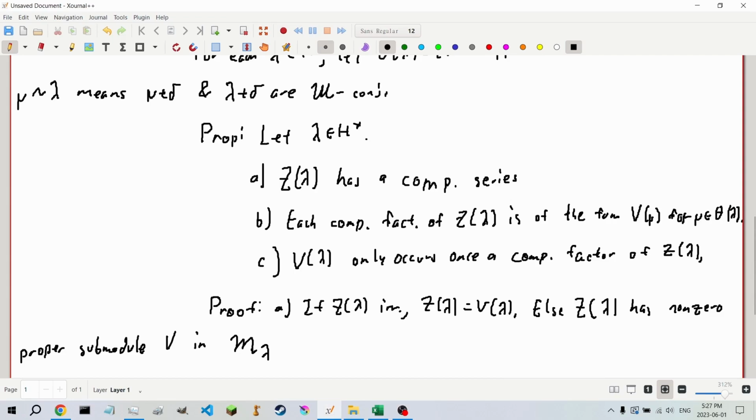Since the dimension of Z lambda at lambda is 1, lambda does not occur as a weight of V by our lemma, the one we just showed.